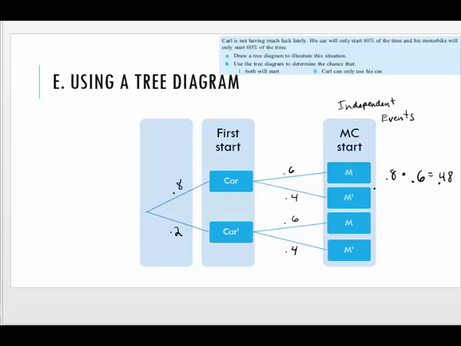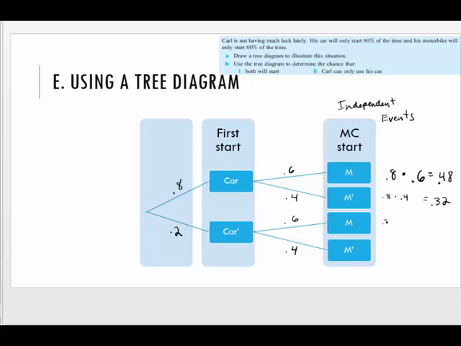What about our other one right here? Well, that would be 0.8 times 0.4. What is it saying? That's saying the car starts and the motorcycle doesn't. So we end up getting 0.32. So there's a 32% chance that will occur. Suppose the car doesn't start and the motorcycle starts.